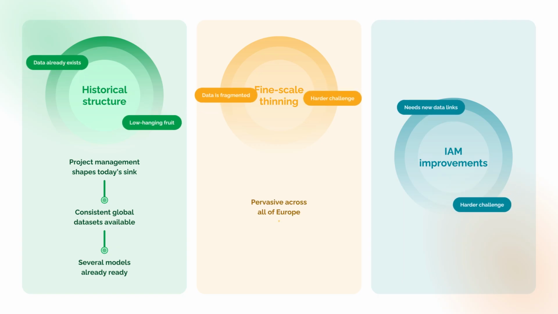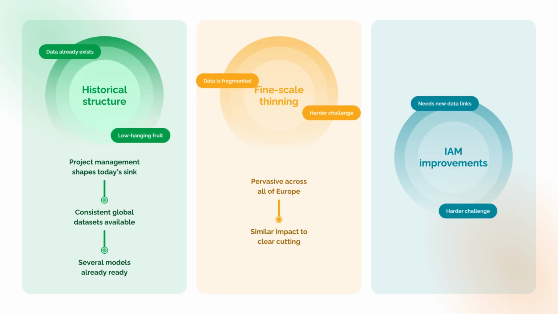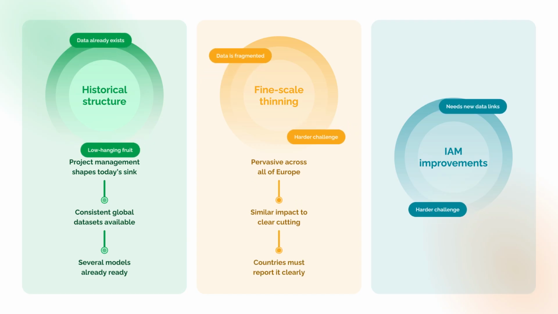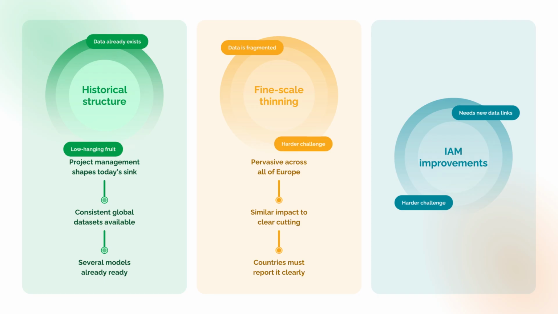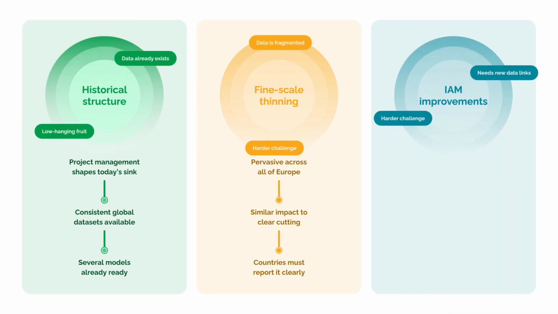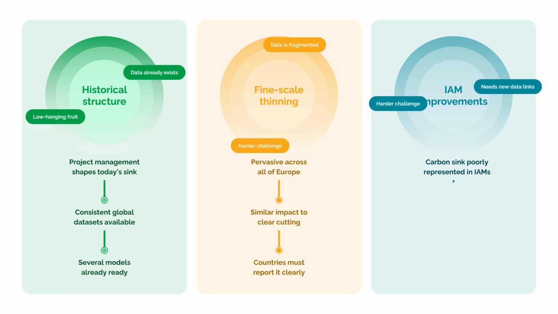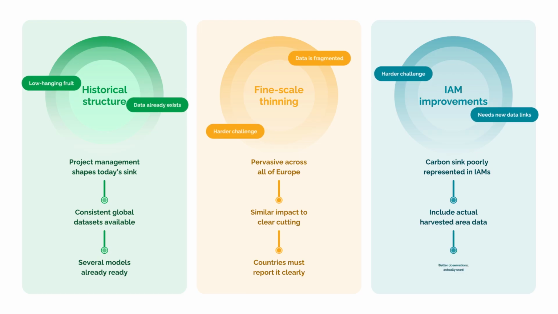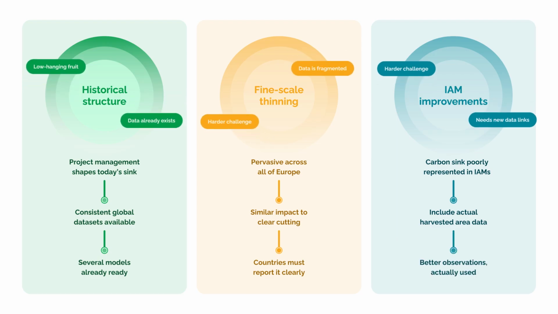It happens everywhere across Europe and affects the carbon sink as much as clear-cutting. But it isn't clearly or consistently reported across countries. Fixing that means countries being more transparent about what's happening in their forests, and ESMs incorporating real observations of how much timber is being harvested and why.